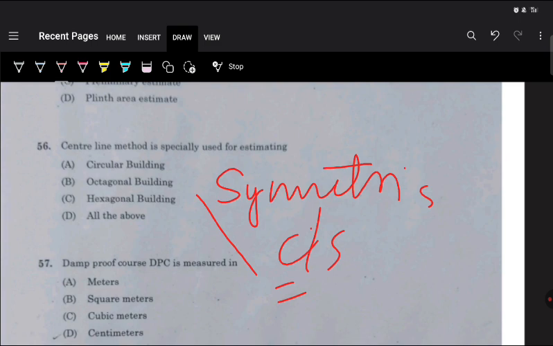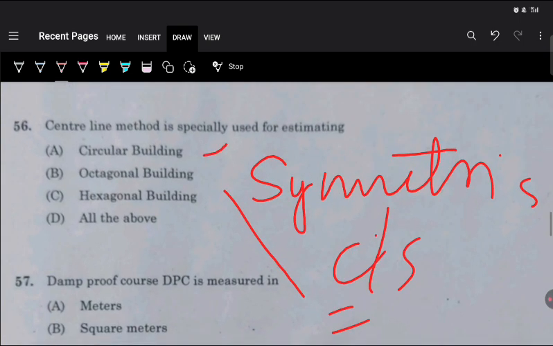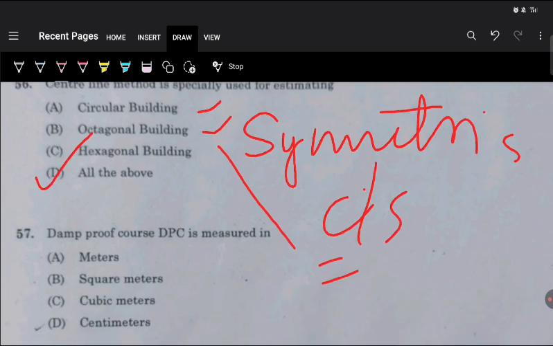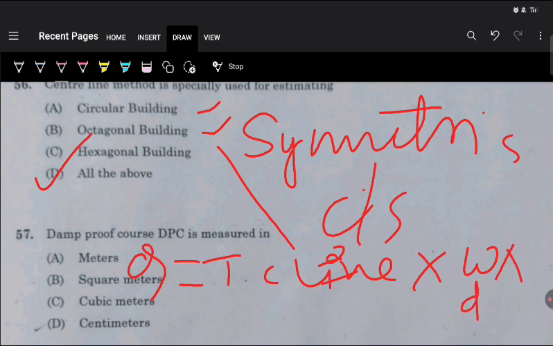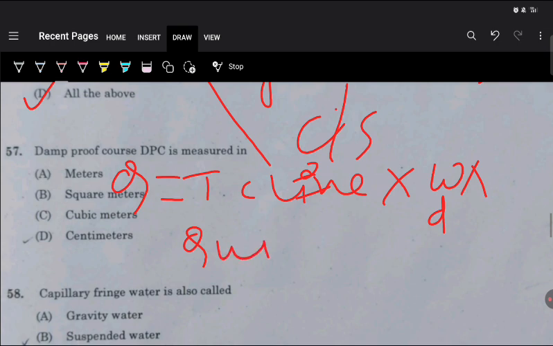If the building or the wall is symmetrical, it is easier to estimate the building using the central line method. So circular building, octagonal, all of the above. In the central line method, the quantity is equal to total central line into width into depth. It is a quick method.